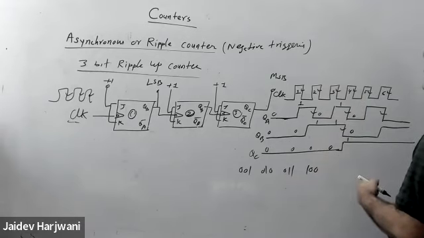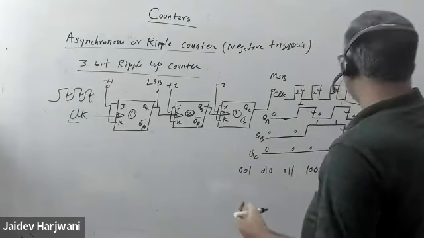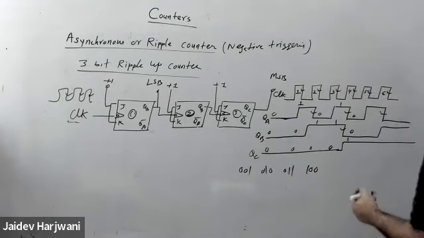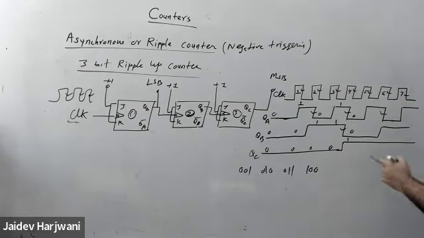Okay, it is a 3-bit counter, right? A 3-bit counter will count up to 7. Now we have to draw 7 also. After 7 it will count again. So this is going down, this is going up. And for this one it is going up here.